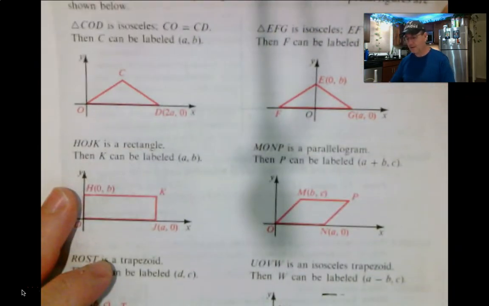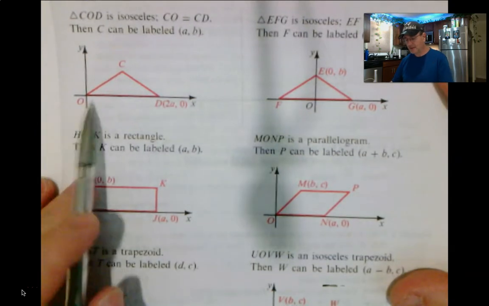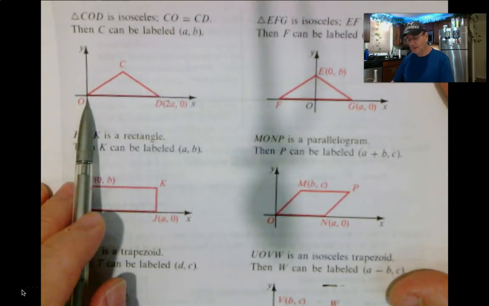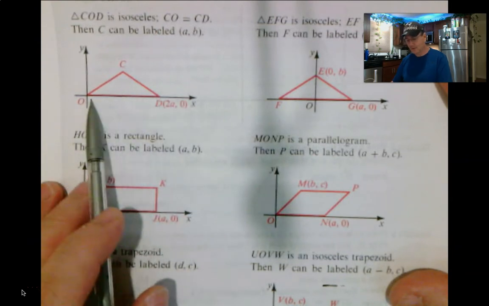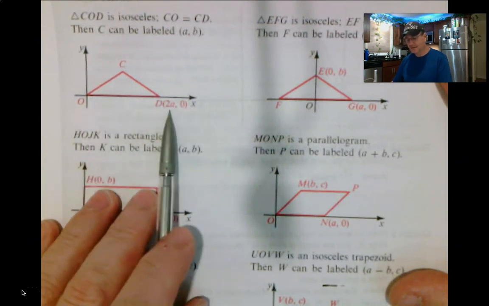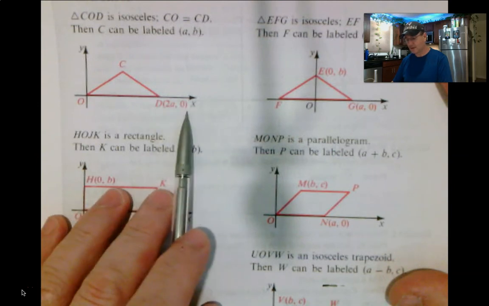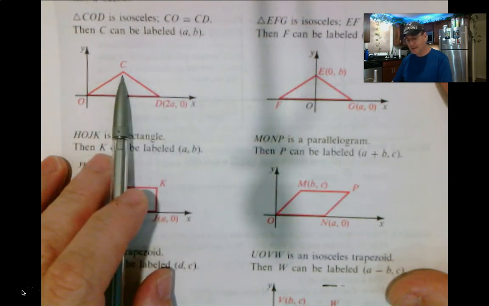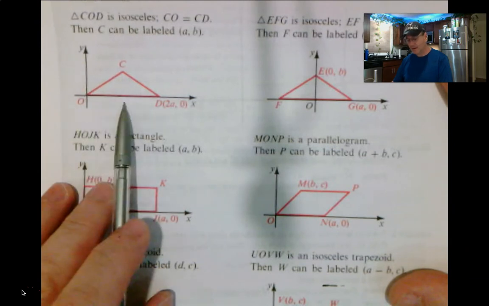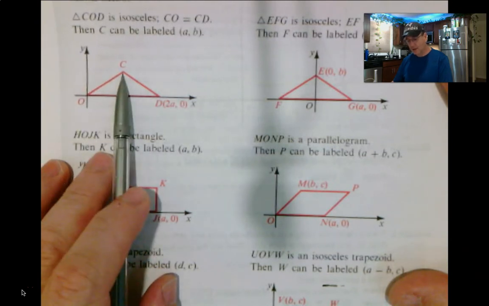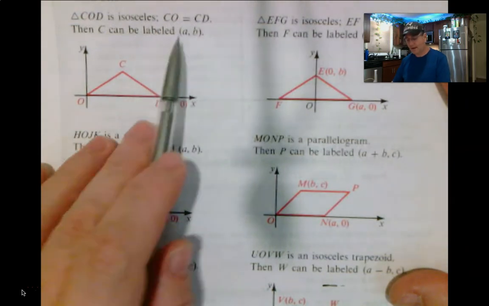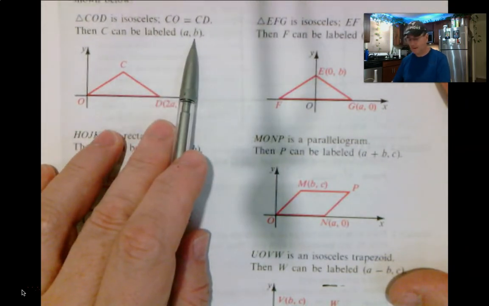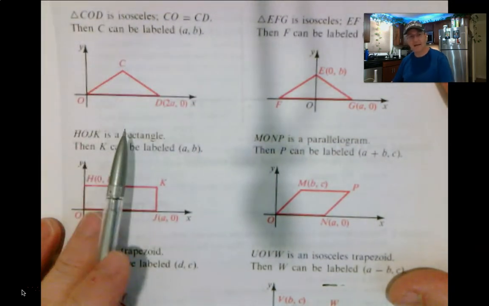It may be convenient to set up an isosceles triangle where O is at the origin, D is here on the x-axis with coordinates negative 2a, 0, and then C would have to be a, comma, whatever you choose for the y-coordinate. Now, I chose b, but it could be any variable because it can be at any height.